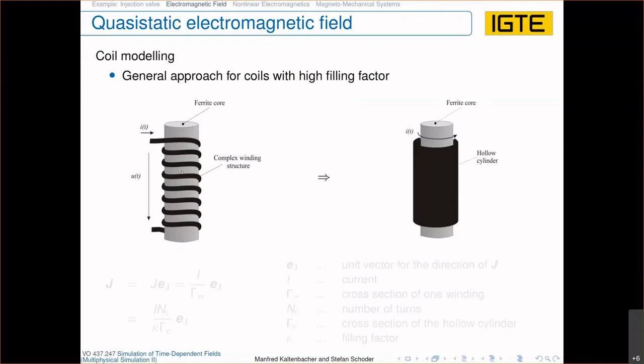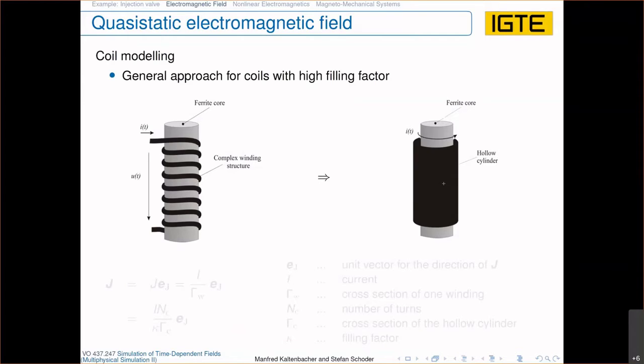If you have a high filling factor, meaning a lot of turns around, for example, this ferric core, which makes up your coil, then it is enough to substitute the complex winding structure by a hollow cylinder, which is quite easy to model geometrically and also to mesh.